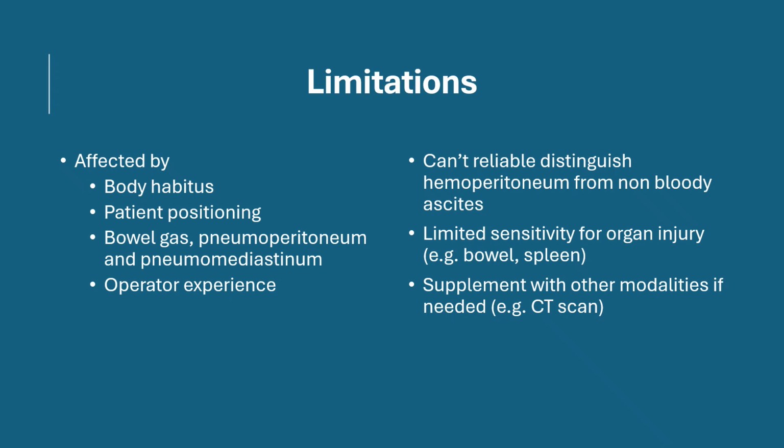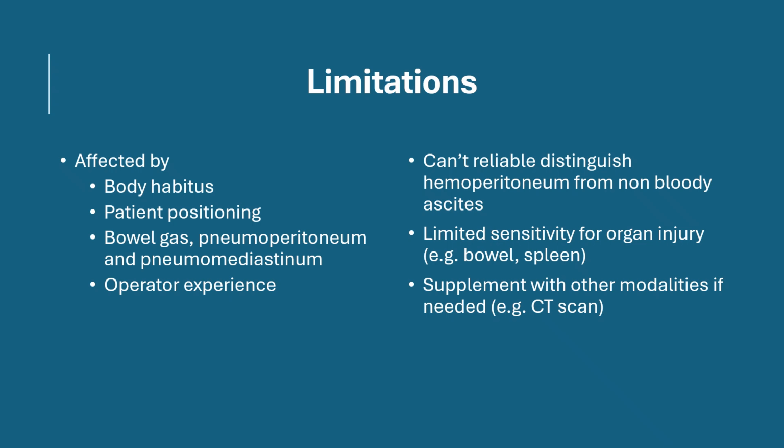Unfortunately, no test in medicine is perfect, and point-of-care ultrasound is no exception to this. There are some limitations which are important to review. The performance of RUSH and FAST exams is negatively affected by body habitus such as obese individuals, by patient positioning, bowel gas, pneumoperitoneum, pneumomediastinum, operator experience, presence of drains, and surgical dressings.